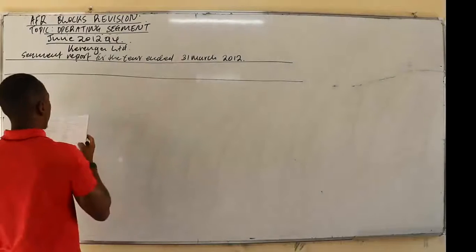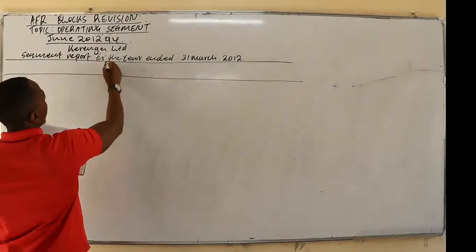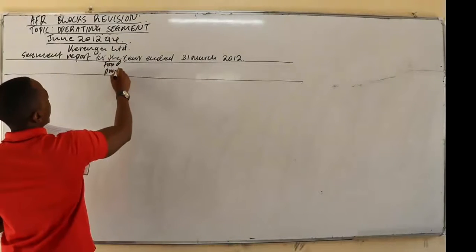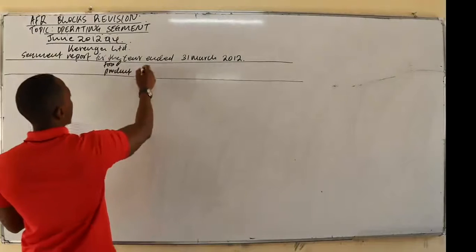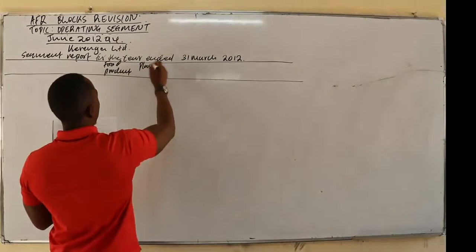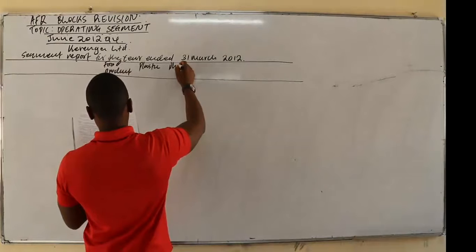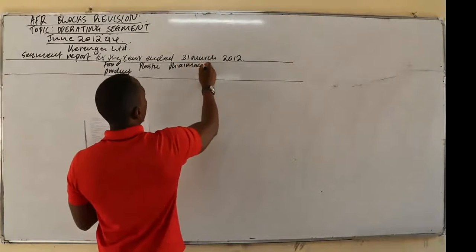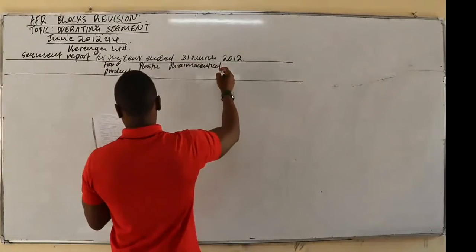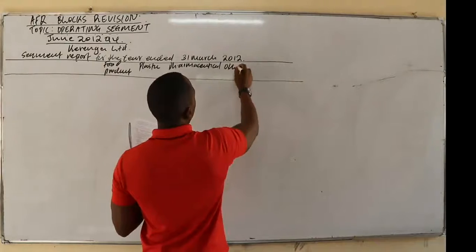So we have food product, plastic, we have pharmaceutical, and we have others.